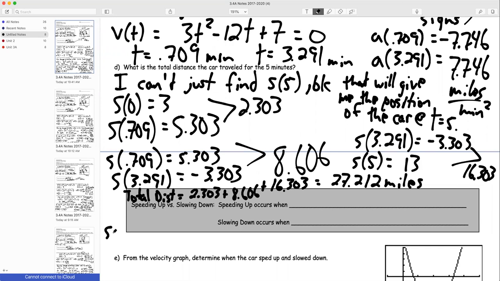Let me write it right here. Speeding up when velocity and acceleration have same signs.